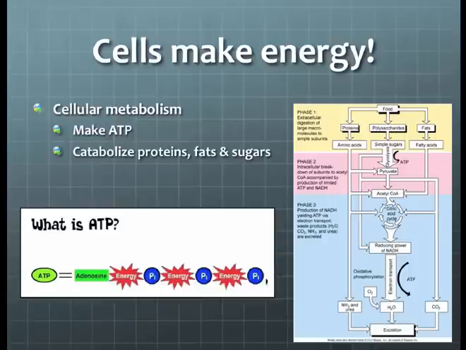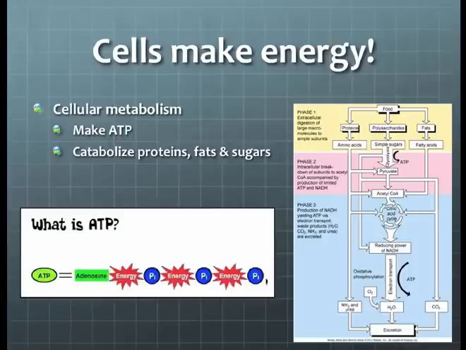Then you have the second phase. The second phase actually occurs inside the cell. Phase 1 is extracellular, outside the cell, and phase 2 is intracellular, inside the cell. So the cell says, hey, we can use that stuff. Inside the cell it begins to break down the items.